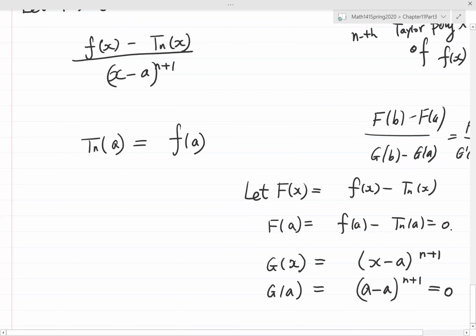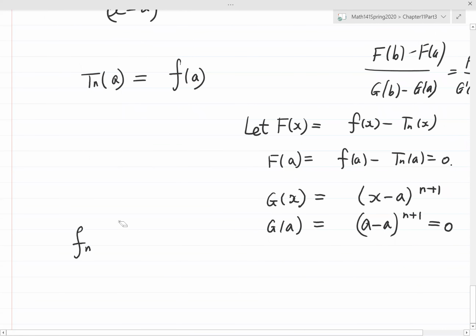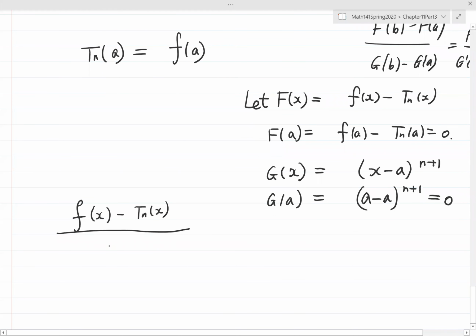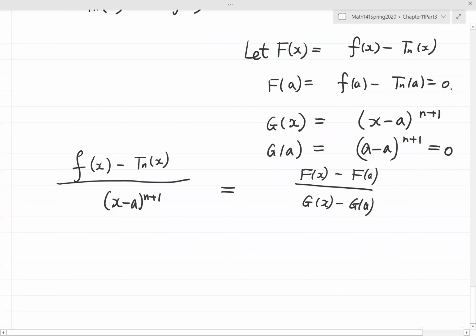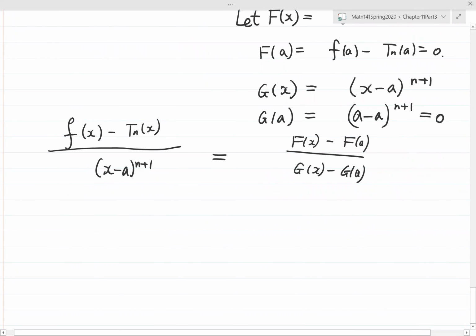So the left side, f(x) minus T_n(x) over (x minus a) to the power n plus 1, is actually F(x) minus F(a) over g(x) minus g(a). So the right side is exactly the Cauchy Mean-value theorem. You check that F and g satisfy the conditions of the Cauchy Mean-value theorem.